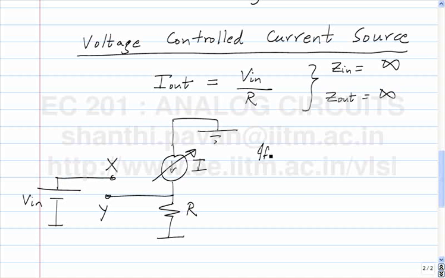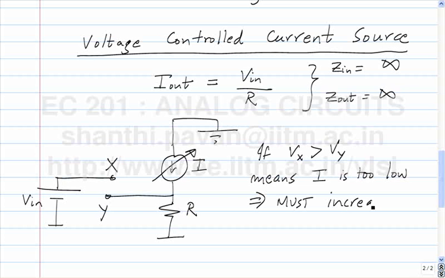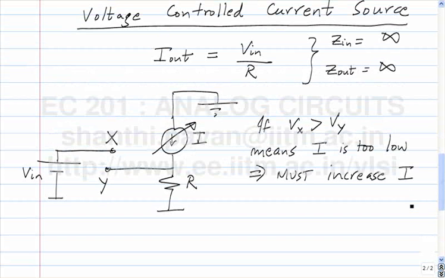so if Vx is greater than Vy, what does it mean? I is too low, which means that I must increase I. Common sense.